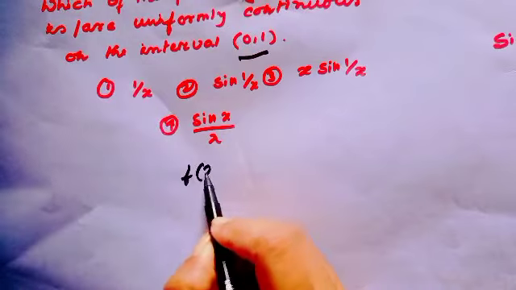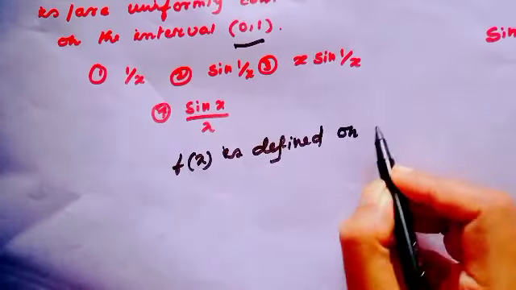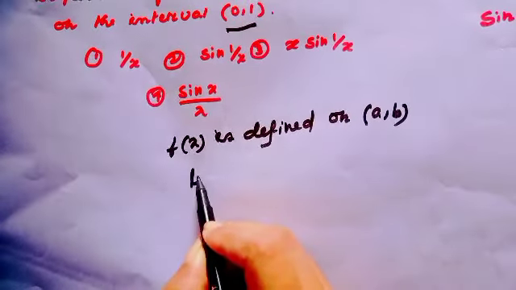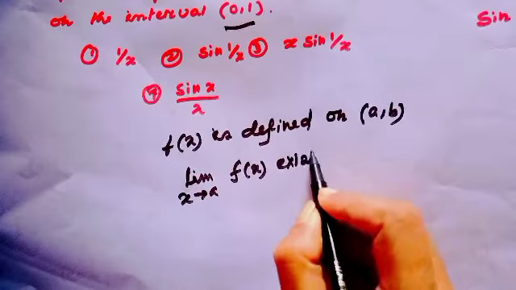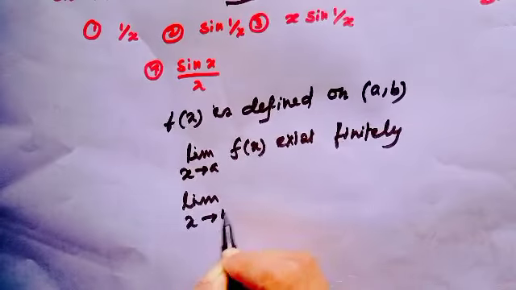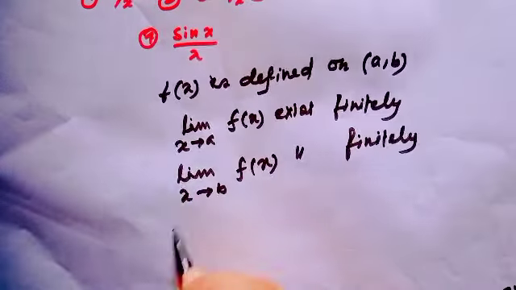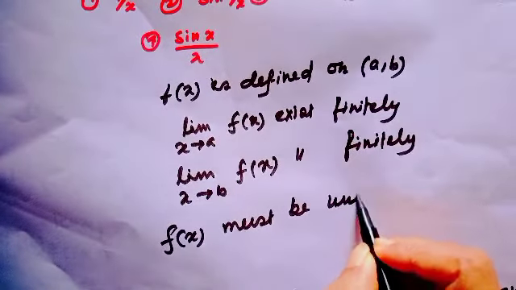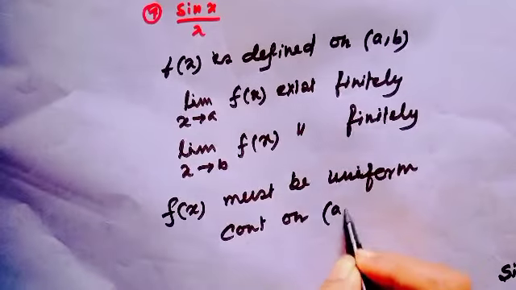If a function f(x) is defined on the open interval (a, b), if the function is continuous and limit x tends to a of f(x) exists finitely and limit x tends to b of f(x) also exists finitely, then our given function f(x) must be uniformly continuous on the interval (a, b).